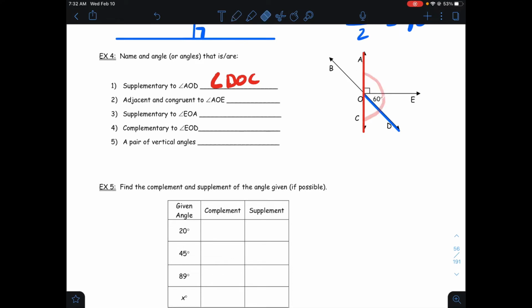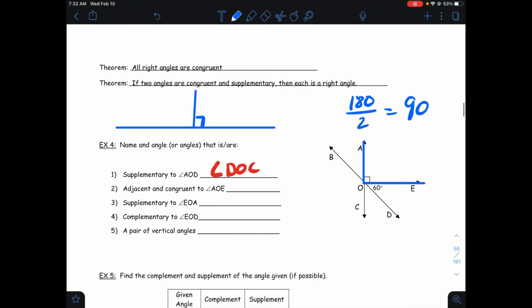We've got adjacent and congruent to AOE. So AOE is this guy. Now, let's think about it this way. We're going to have to use that theorem up here that if 2 angles are congruent and supplementary, then each is a right angle. And we could say, well, if we look, we've got a straight angle here. And we also know that AOE is 90 degrees. All right.